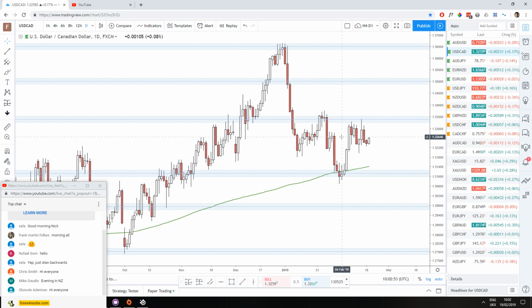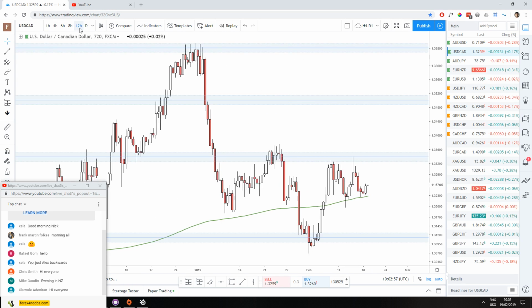USDCAD, I believe there was a short here. Oh, yeah, there was a short, on the 12-hour. And it came back up, and it's not really doing much. This one's not looking that good, to be honest. If it were me, I'd probably close this one out. It's getting stuck at this midpoint.